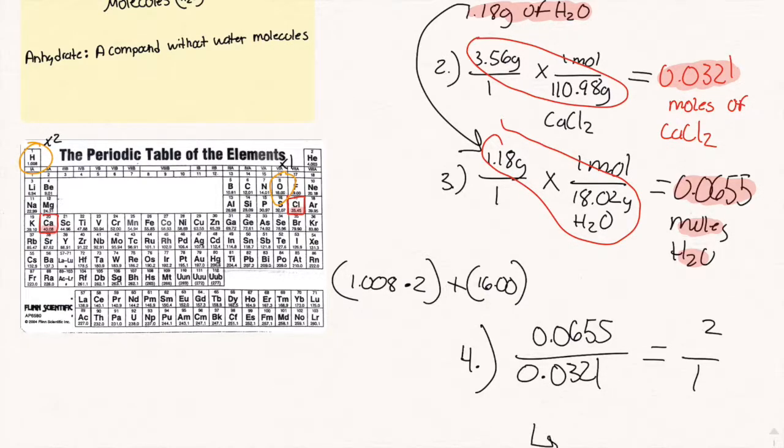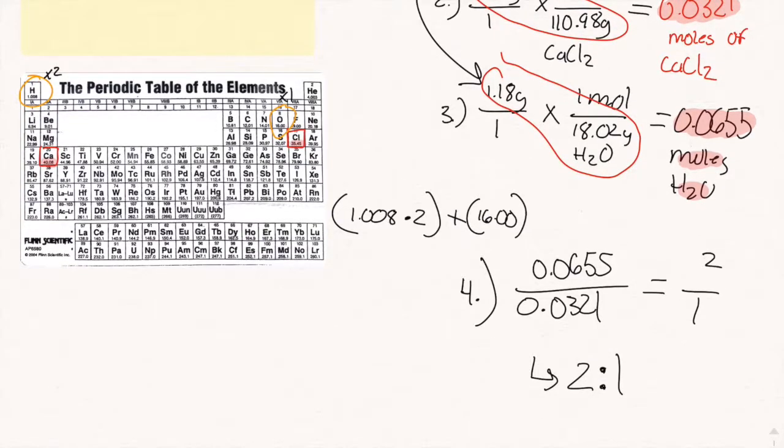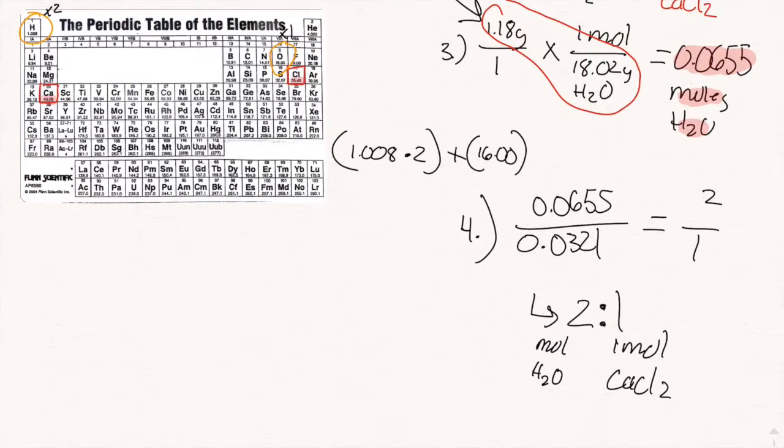So I'm going to bring this down to 2 over 1. Or you can just write it like this. This is also a ratio. It's just written in different forms. So 2 moles H2O and 1 mole CaCl2, calcium chloride. This is our ratio of water to calcium chloride.